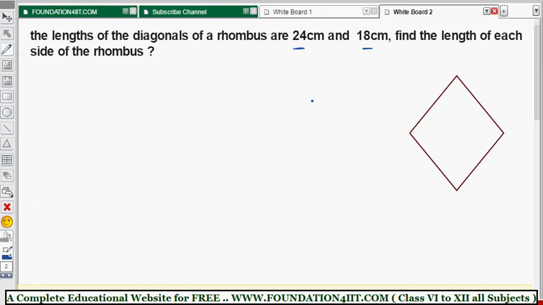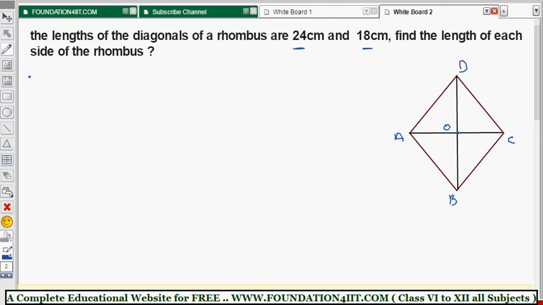They have given diagonals. I'm taking the vertices A, B, C, D and two diagonals. The lengths of the diagonals are given: BD is 24 and AC is 18, and they intersect at O.